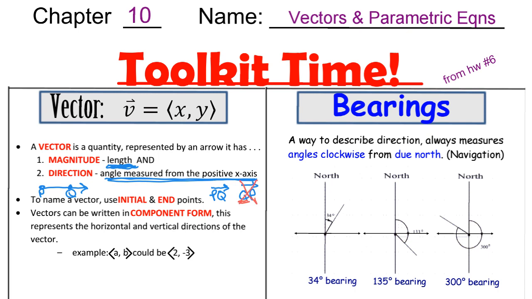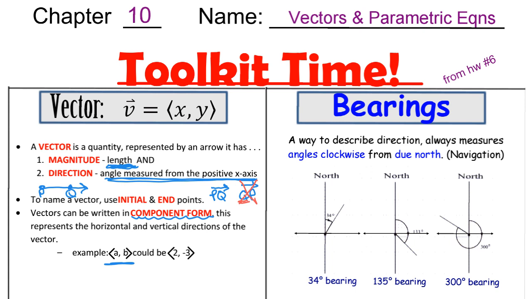Another way that vectors can be written is in component form, and this is what we will predominantly use. And we'll talk more about this tomorrow. But component form is, I've got an example down here. Instead of using parentheses, we use these pointed parentheses, I guess.